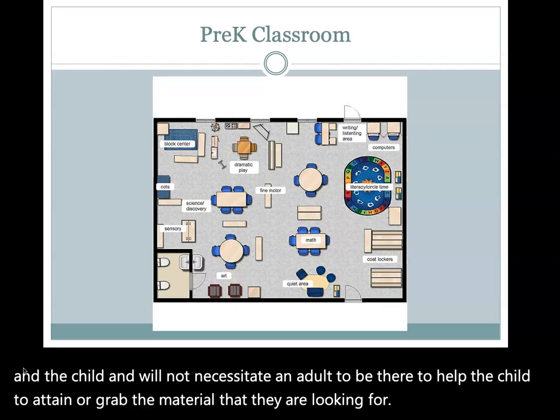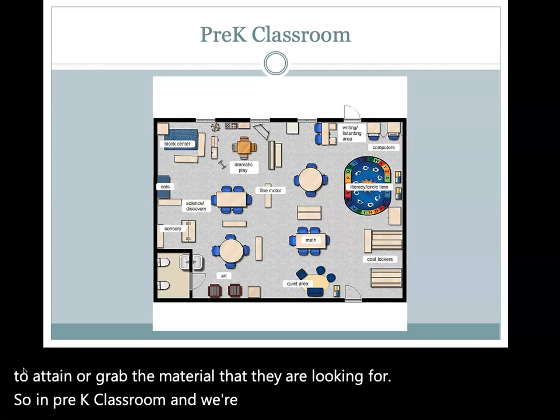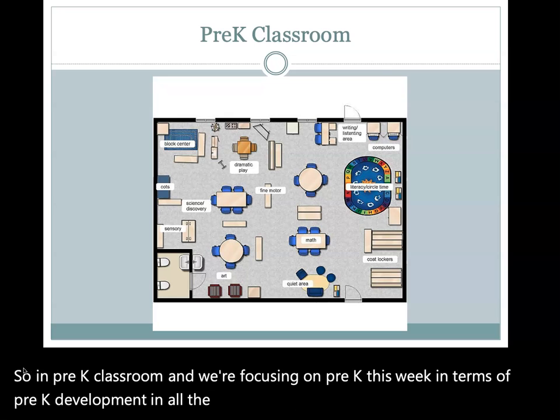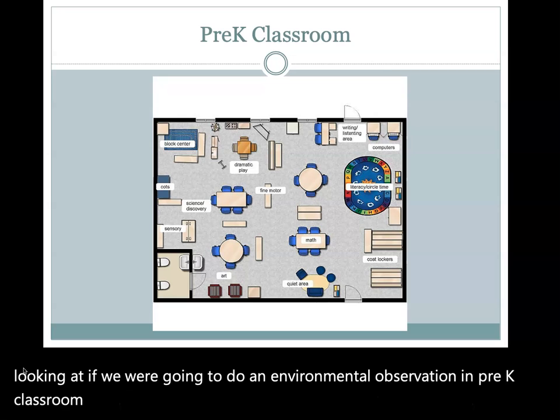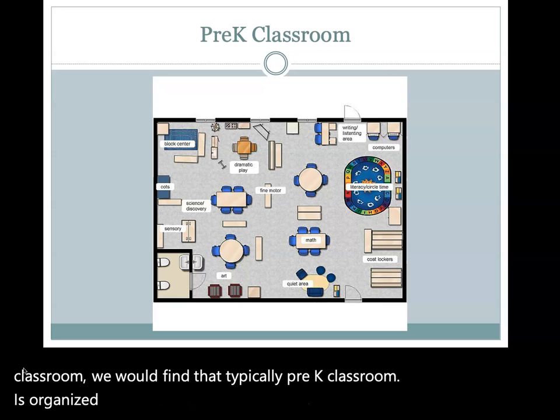So in a pre-K classroom, and we're focusing on pre-K this week in terms of pre-K development and all the different areas of development, if we were going to do an environmental observation in a pre-K classroom, we would find that typically a pre-K classroom is organized in centers or play areas.